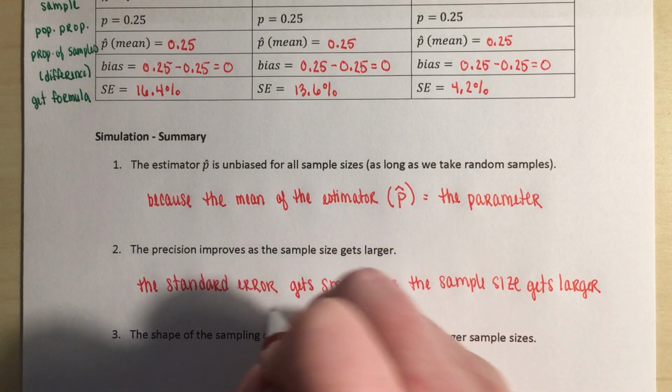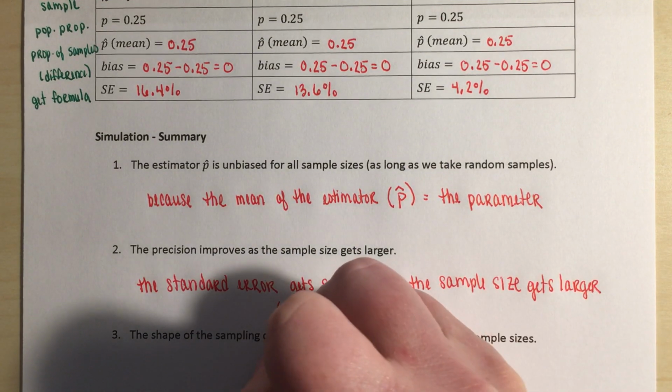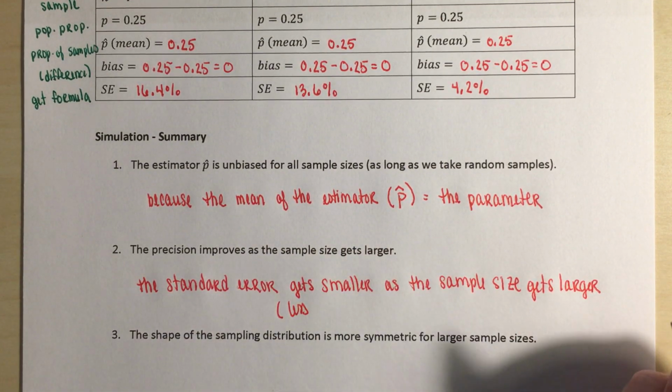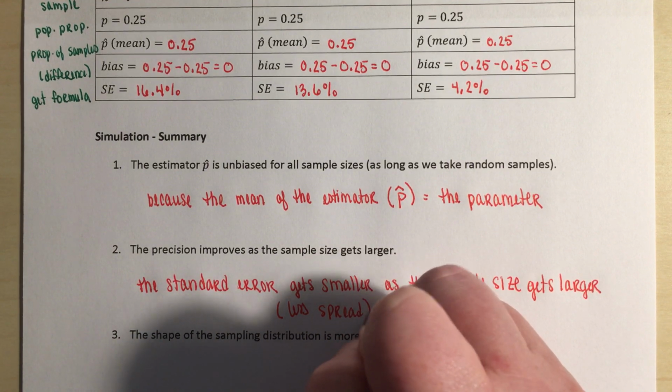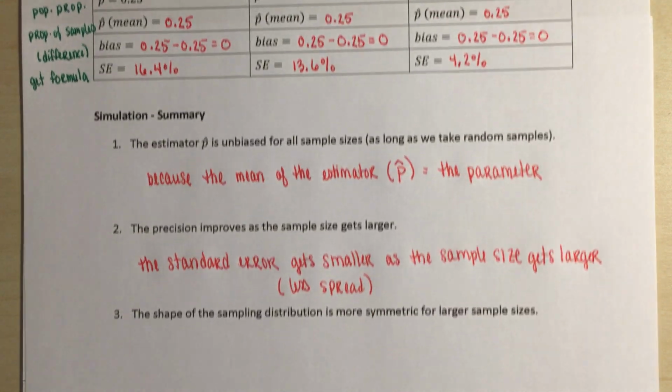When we're thinking about precision, we're thinking about standard error; standard deviation is spread. So there is less spread when our sample size gets larger.